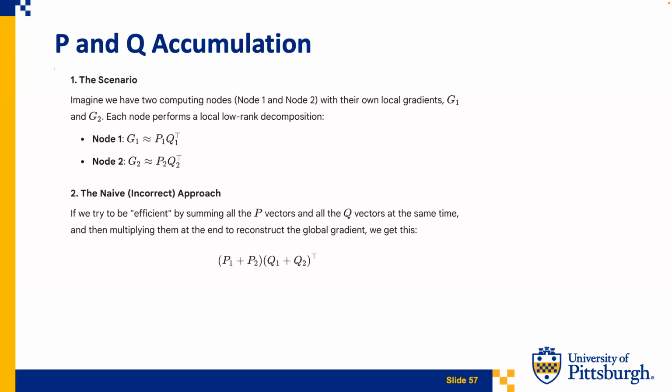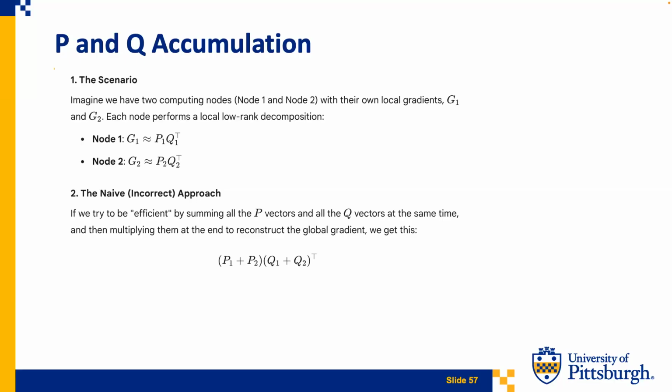Make sense? But now we are sending P1, Q1, P2, Q2. What we can do is add P1 and P2, times Q1 plus Q2, right? But this does not equal G1 plus G2.